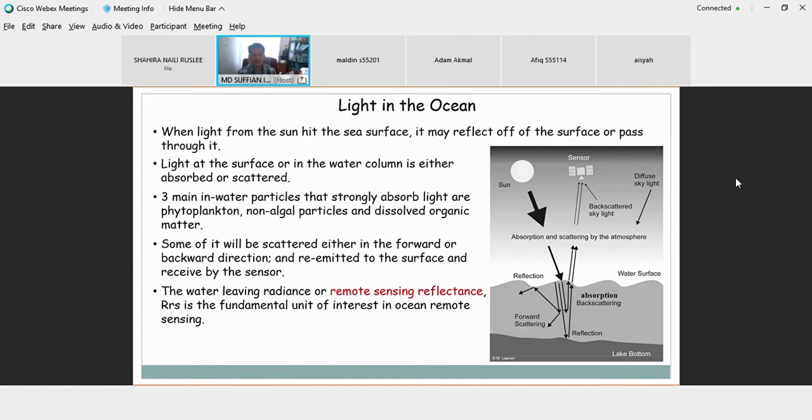Remote sensing reflectance is the fundamental unit to measure any process in the ocean. In satellite oceanography, remote sensing reflectance is known as water-leaving radiance, the radiance that leaves the water surface, because of the process of absorption, scattering, and transmission.